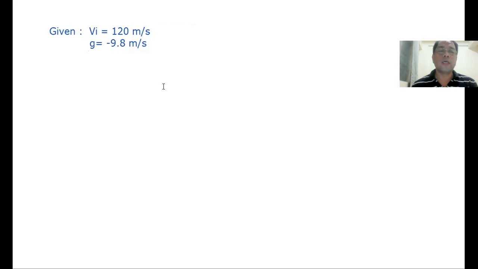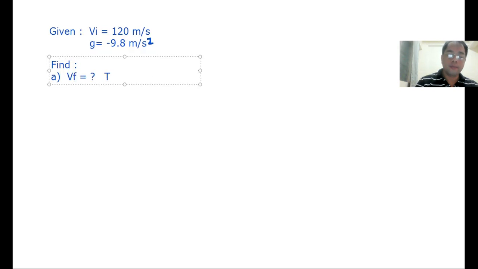And we need one more value to be able to calculate. As I've said, you must have 3 known values for you to calculate. So what's the first one that we will determine? For letter A, we will determine the final velocity of the object for a time equal to 8 seconds. Then next, we will find letter B, its distance traveled, given that its time is 8 seconds.